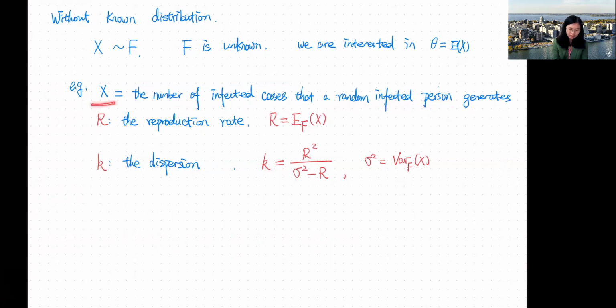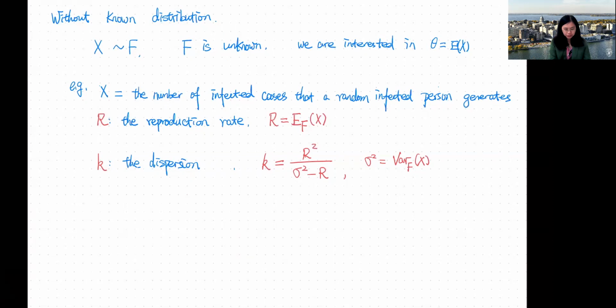So X is the number of people that an infected person infects.